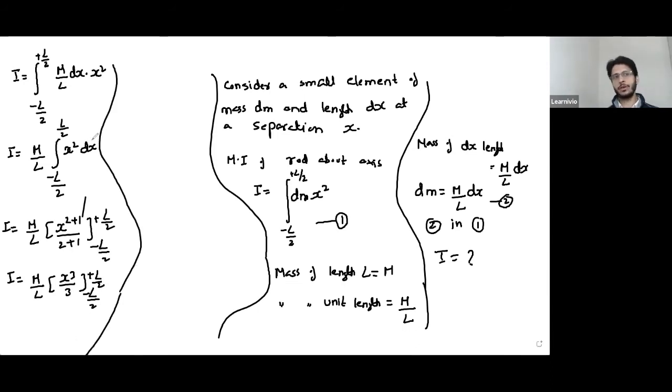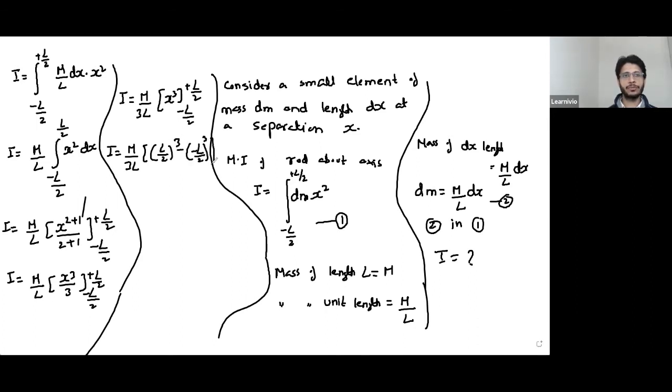You can take this 3 outside. The moment of inertia is m by 3L times x cube, with limits minus L by 2 to plus L by 2. Next, you can substitute limits here. So this I comes out to be m by 3L times (L by 2) cube minus (minus L by 2) cube.